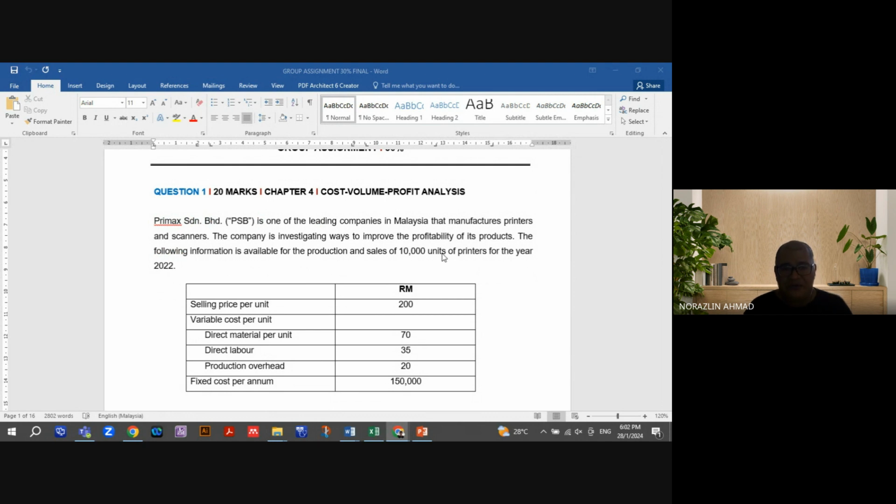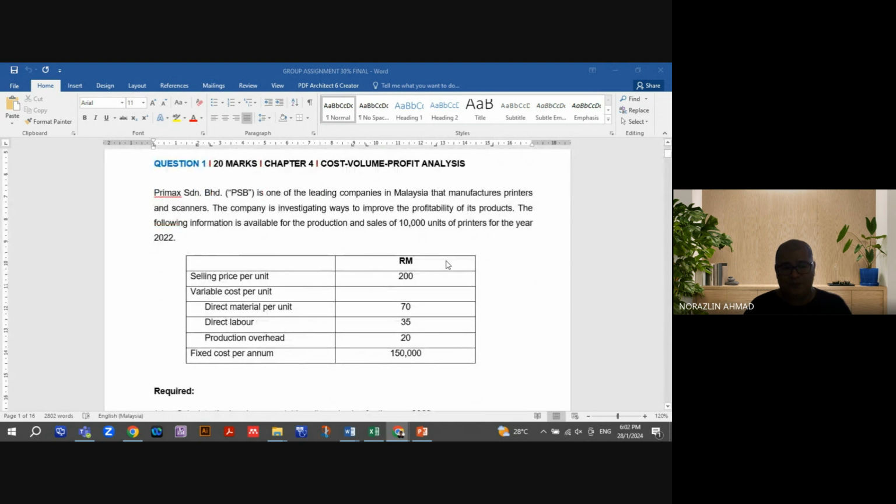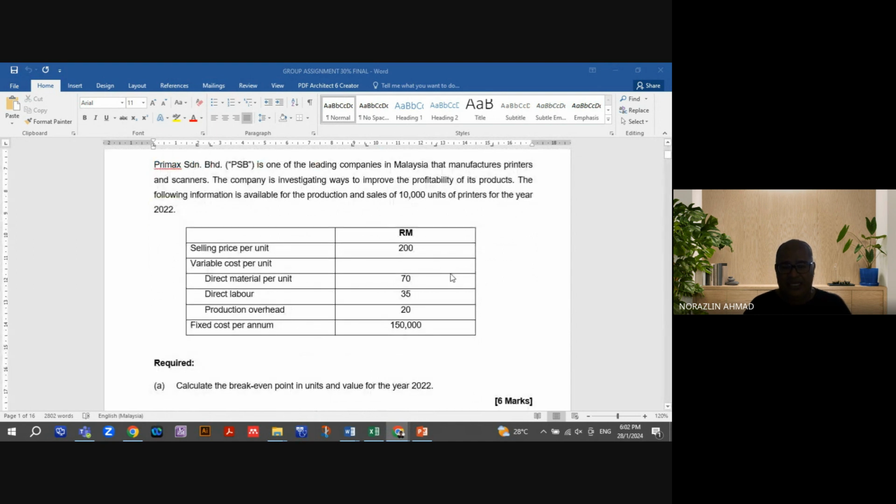The following information is available for the product and the sales of 10,000 units of the printer for the year 2022. Here, the question gives you selling price per unit, 200 ringgit, variable cost per unit, which is direct material per unit, direct labor, production overhead, 20 ringgit, 35 ringgit, and fixed cost per annum, 150,000 ringgit.